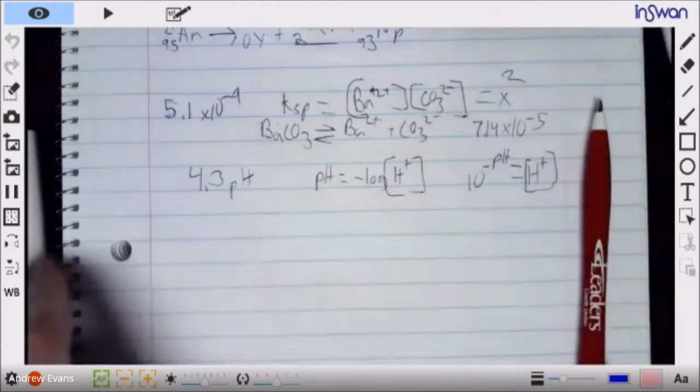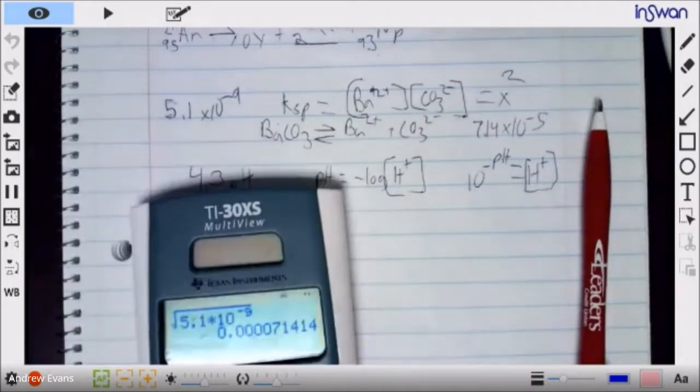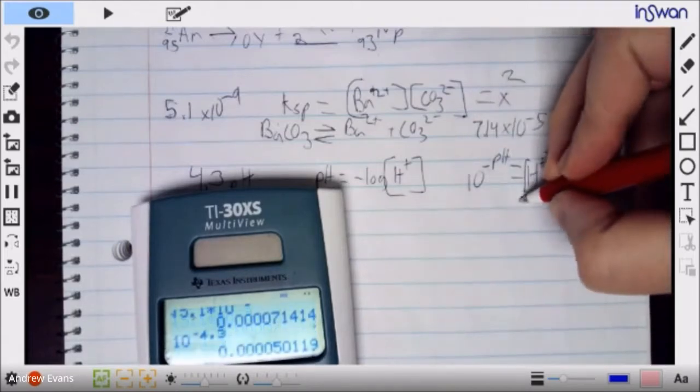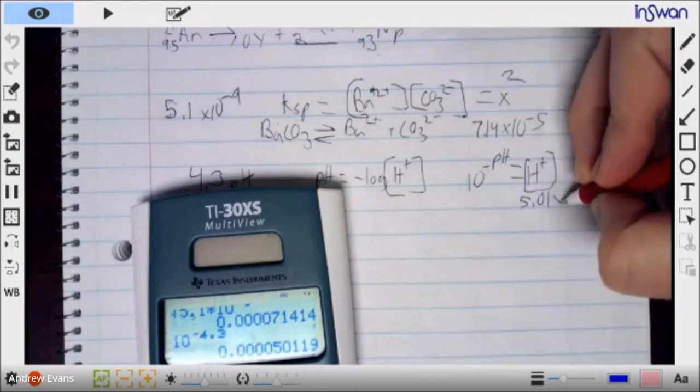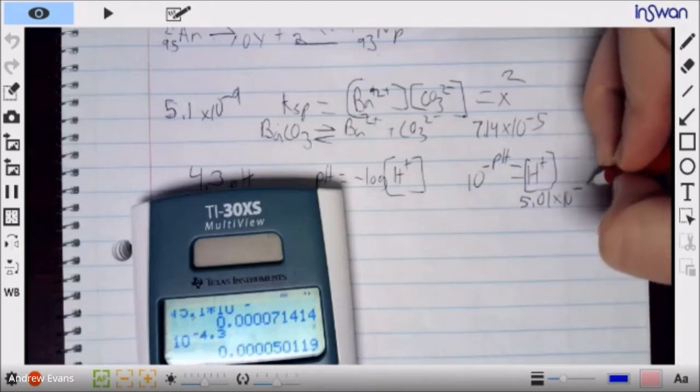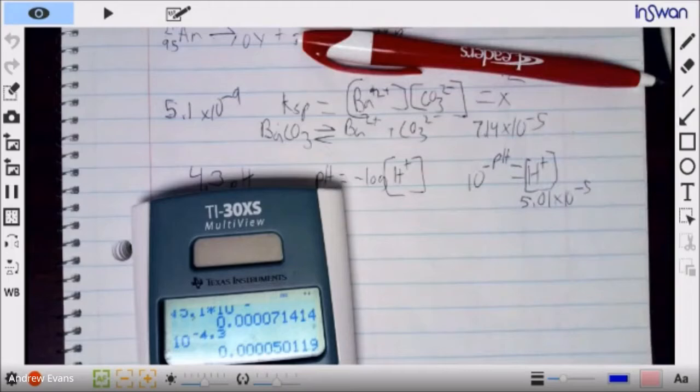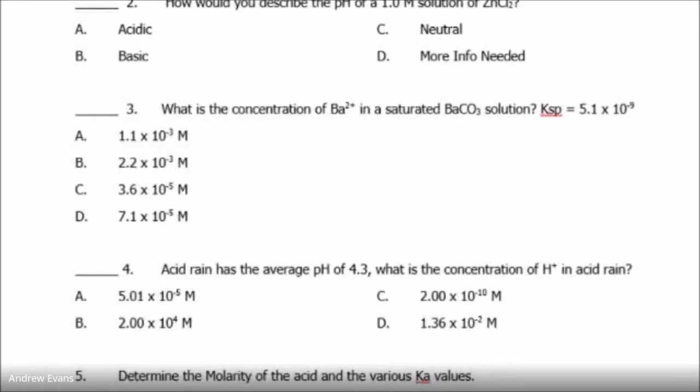So it's simply 10 to the negative 4.3, which is going to be 5.01 times 10 to the negative fifth. It'll be somewhere between 4 and 5. So 5.01.